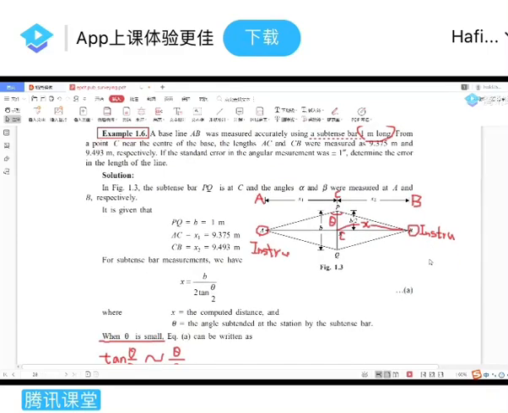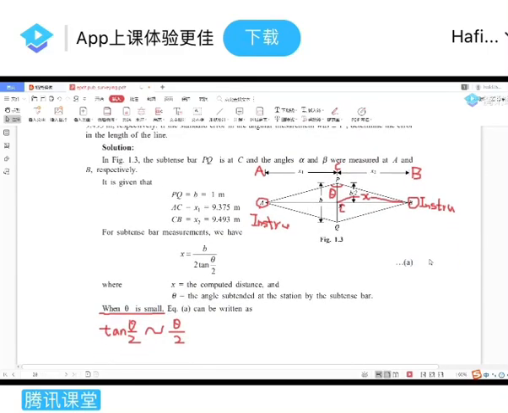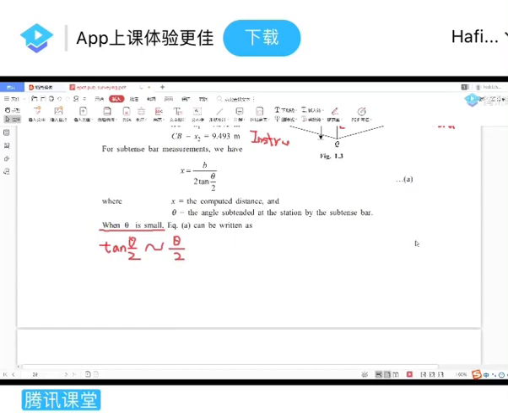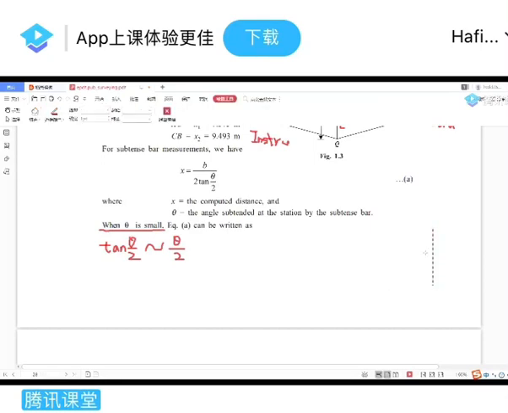You can use your right hand and left hand to hold this. So this is your bar. Let me draw. This is a subtense bar.